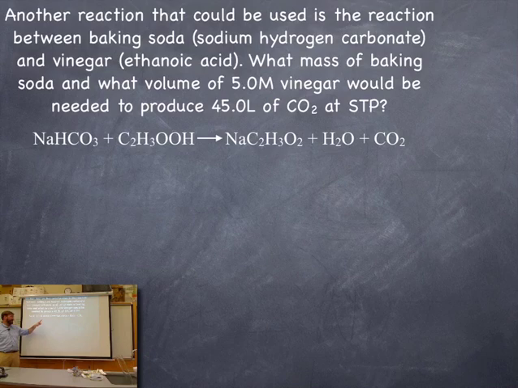Or you can think of it as eth means 2 carbons, and the oic is this OOH, that's the carboxylic acid group. So the reaction is this hydrogen reacting with the hydrogen carbonate to produce the water and the carbon dioxide. The sodium and the acetate stick together. Okay? So this is your balanced chemical equation. Coefficients of 1 across the board.